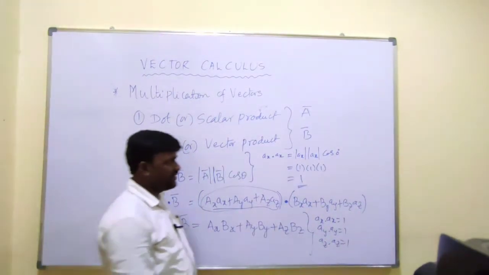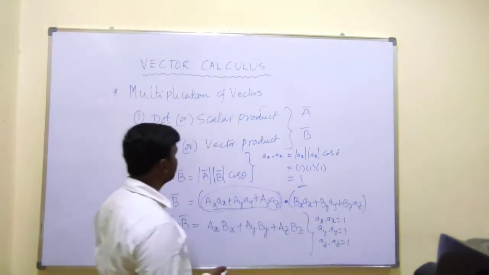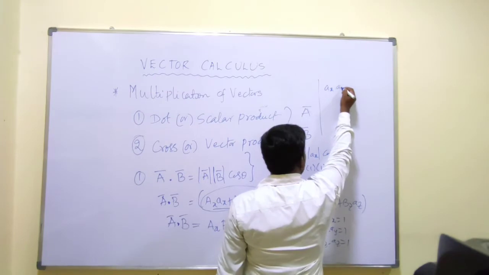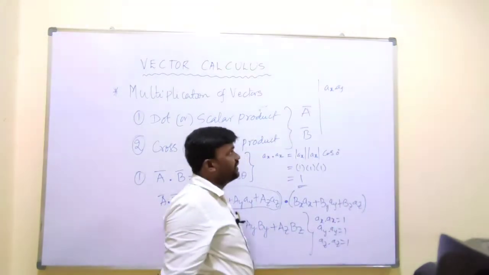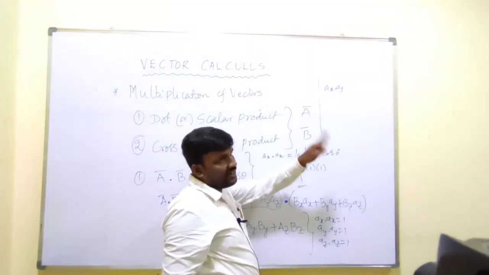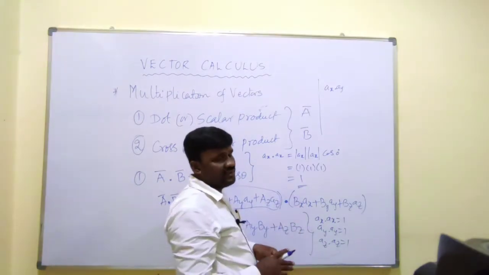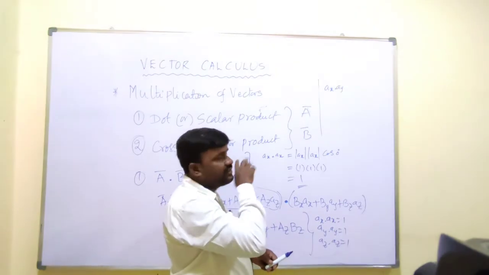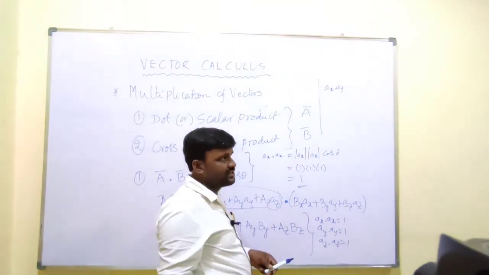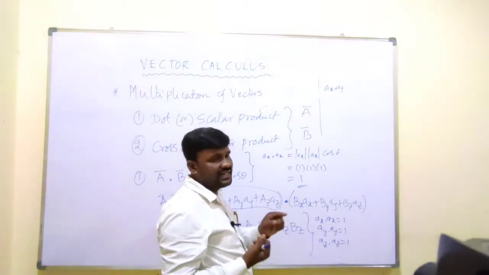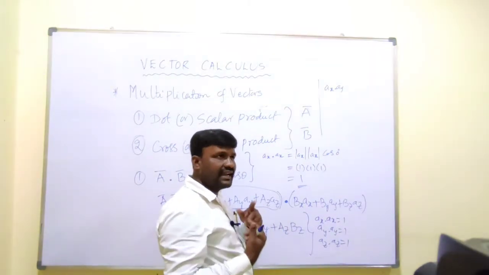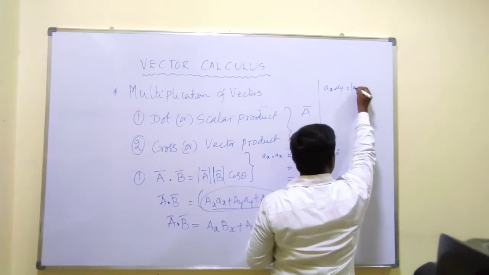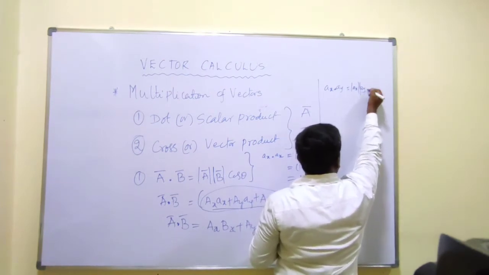Clear? Similarly, let us move to another one, i dot j. We know that in a Cartesian, right-handed coordinate system, we basically consider an orthogonal coordinate system. Orthogonal coordinate system means all three components x, y, z are perpendicular to each other. The angle between x and y is 90, y and z is 90, z and x is 90. So i dot j means mod i mod j cos theta.